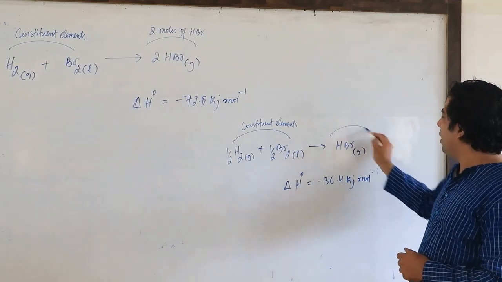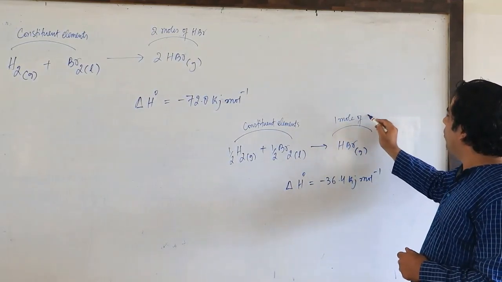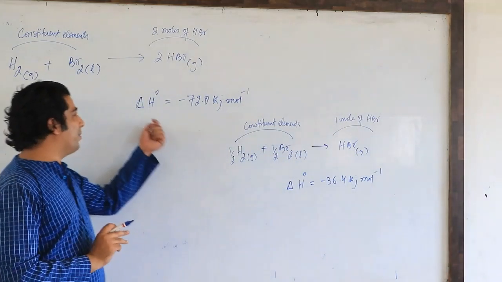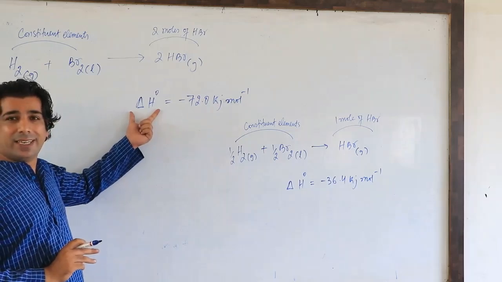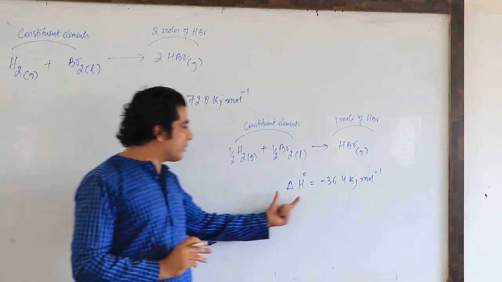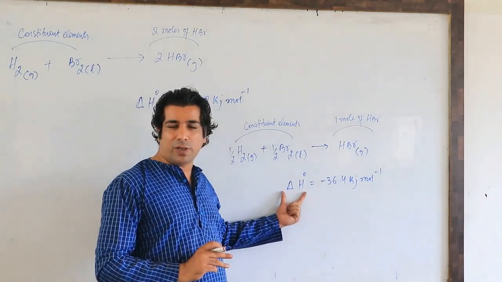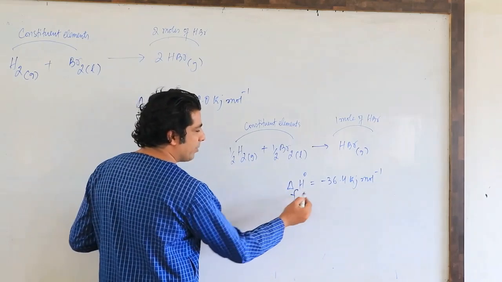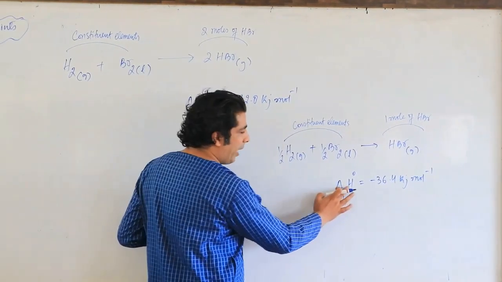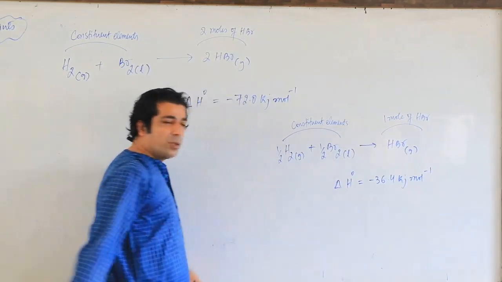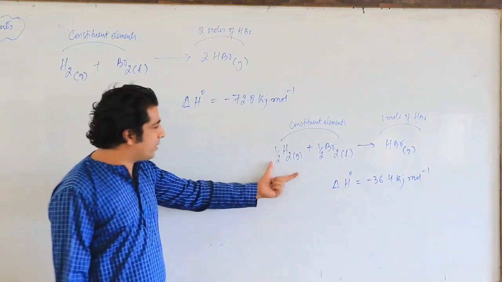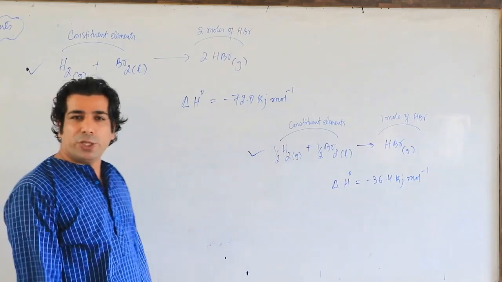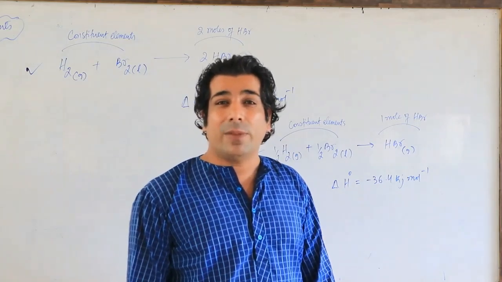Now here I have 1 mole of HBr, my dear friends. I have not mentioned standard enthalpy of formation here or here. I am not using any term here. If I use the subscript F, it becomes standard enthalpy of formation, so I am avoiding F. Now you have to tell me: out of these 2 reactions, the first one and the second one, which gives me the standard enthalpy of formation?